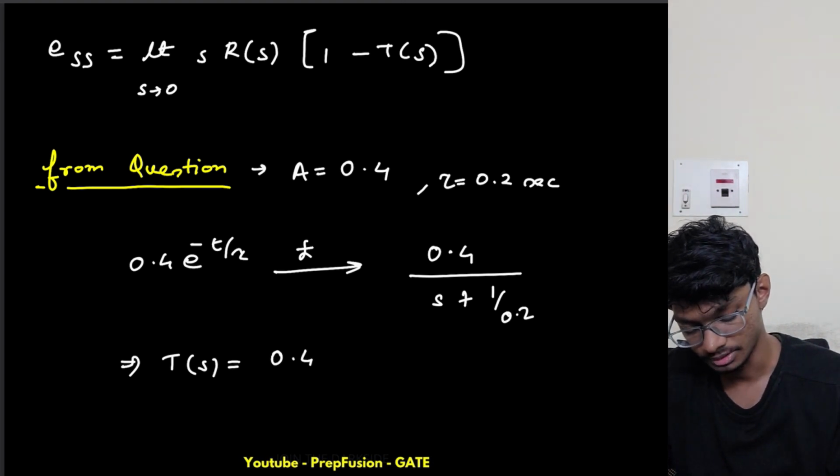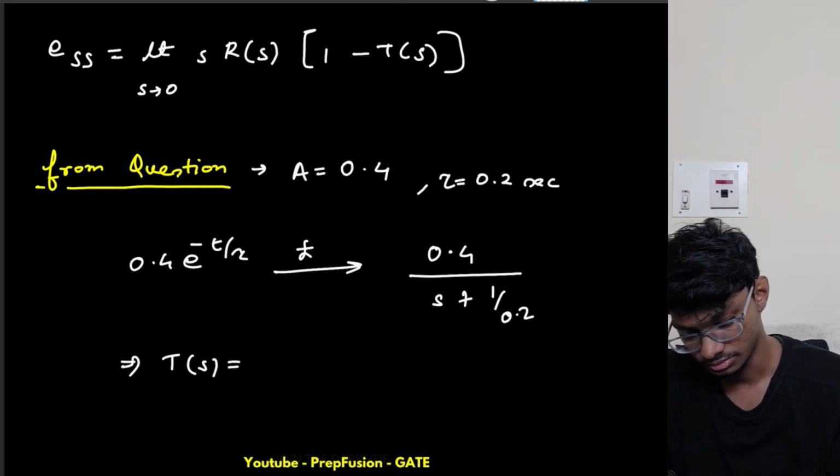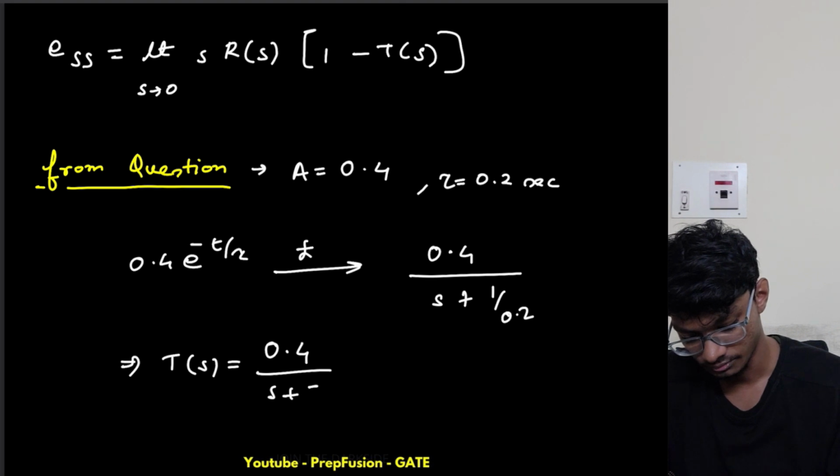I need to multiply 0.2 on both the denominator and numerator, so it will simply be 0.4 by s plus 5.